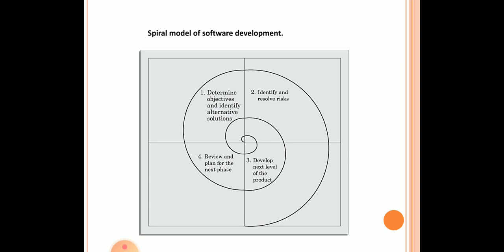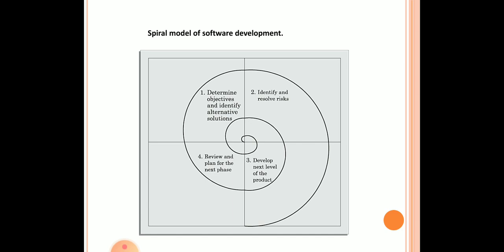During the third quadrant, the activities consist of developing and verifying the next level of the product. At the end of the third quadrant, the identified features have been implemented and the next version of the product is available.